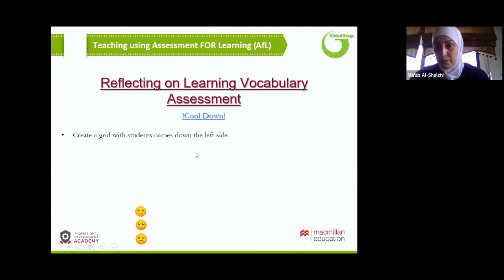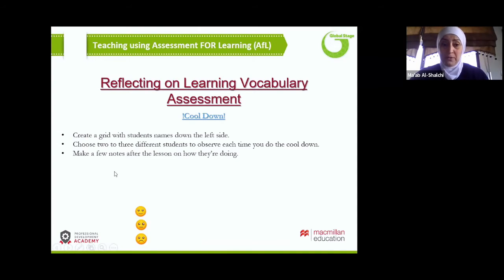You've taught them vocabulary, and so you have created the grid. And then you choose 2 to 3 different students to observe each time. You do the cool down and make a few notes after the lesson on how they're doing.